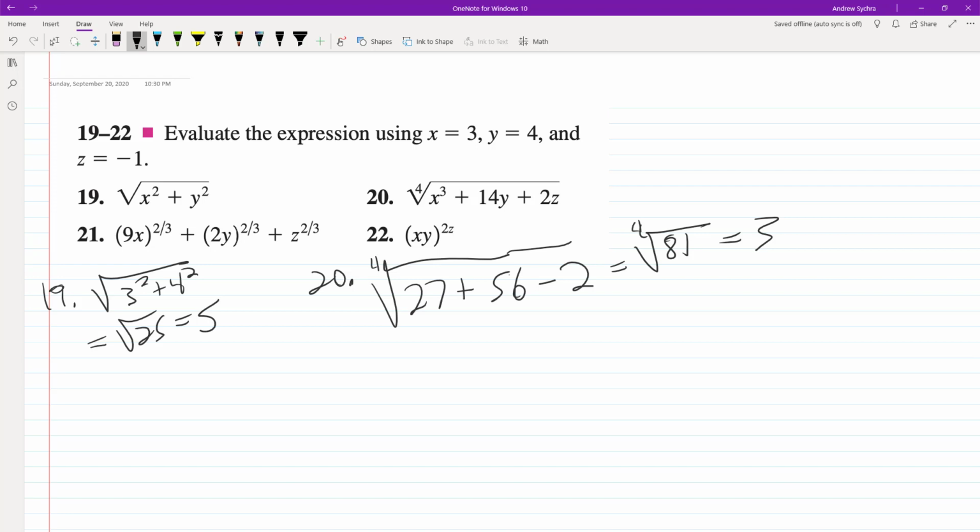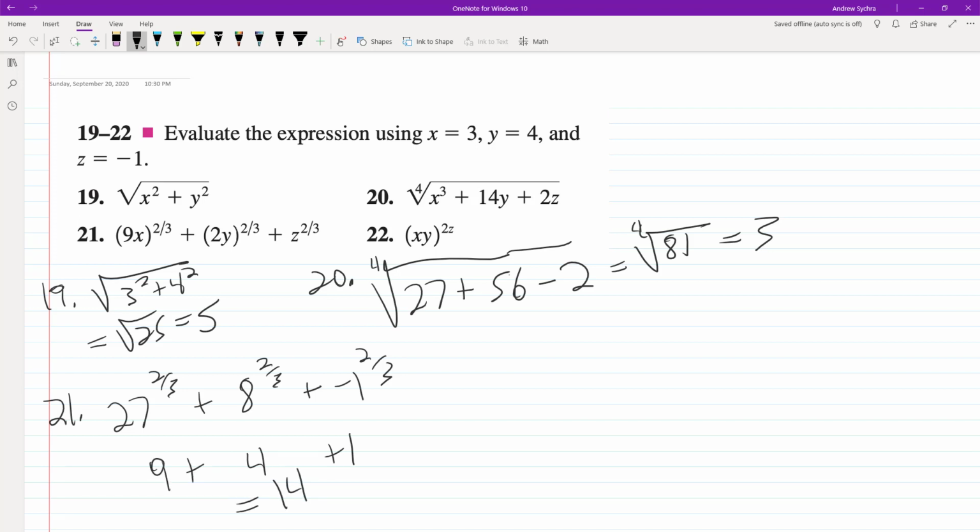All right, 21. So we're going to end up with 1 plus 4 cube root 3 squared, so that's 9, is equal to 14.